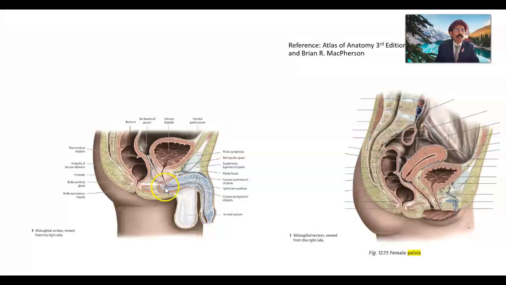This is the bulb of the penis, the spongy part of the penis, the corpus spongiosum, lower part here, the initial part, the bulb of the penis, and the bulbospongiosus muscle. We have the apex of the prostate gland here, also related to the anterior wall of the anal canal. So we are getting corpus spongiosum, bulbospongiosus, and the apex of the prostate.